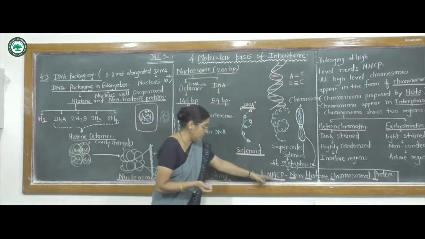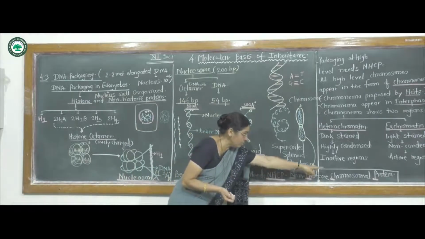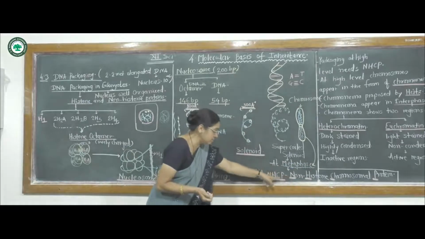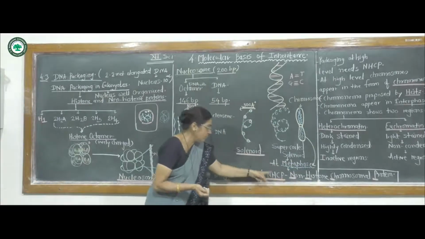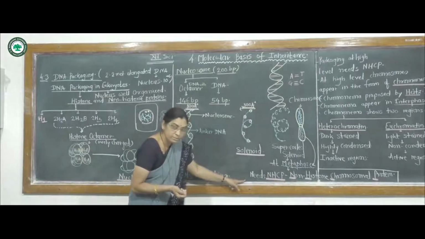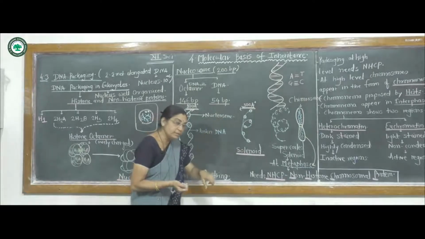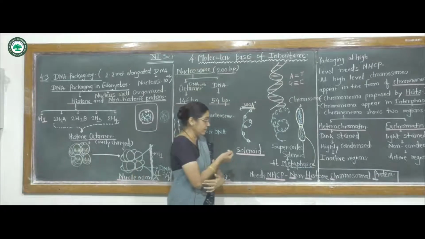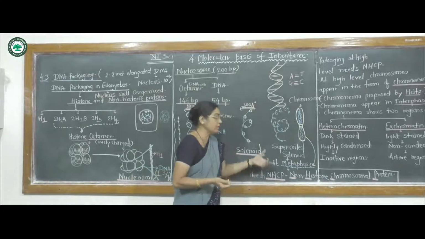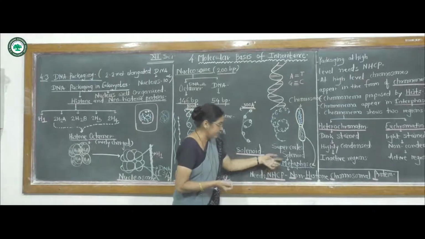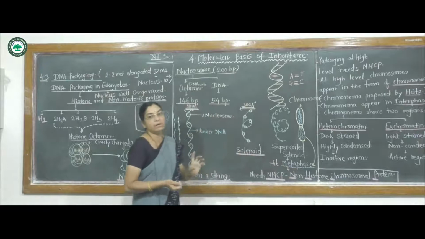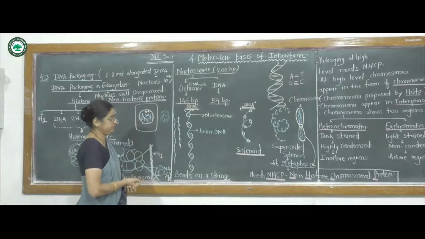So the non-histone chromosomal protein is a non-histone protein which plays an important role in the packaging of the DNA, particularly at the high level, that means at the time of cell division, specifically in the metaphase.